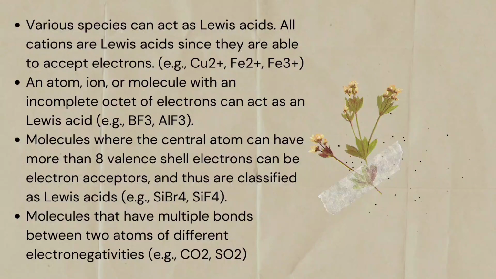Third, molecules where the central atom can have more than 8 valence shell electrons can be electron acceptors and thus are classified as Lewis acids. And fourth, molecules that have multiple bonds between two atoms of different electronegativities.